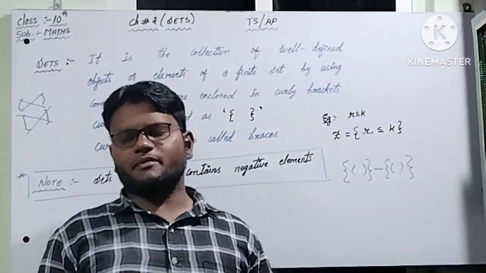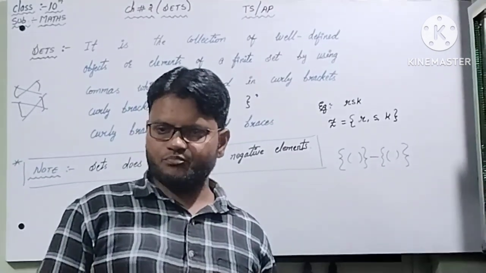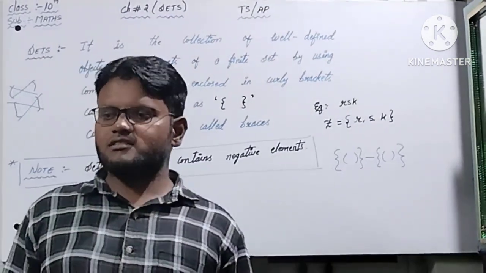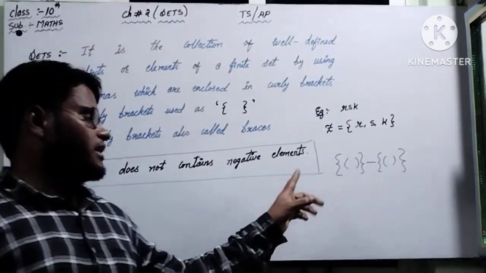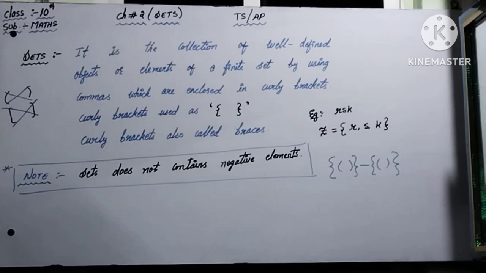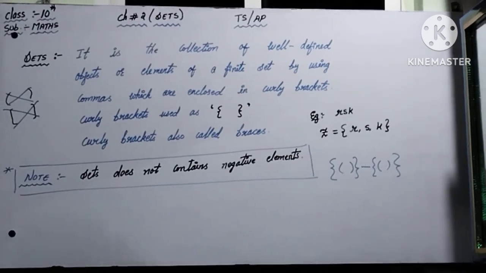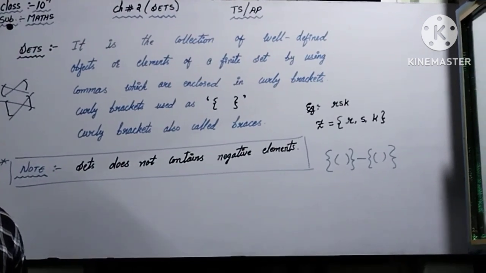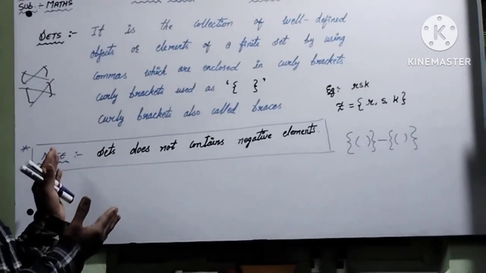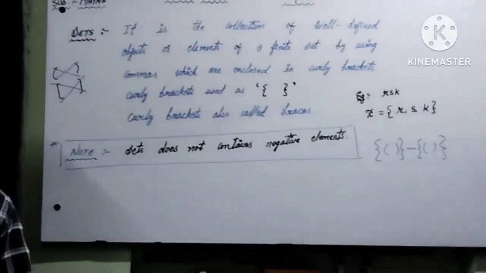So inside the curly brackets you can use curve brackets, but you can't use curve brackets or square brackets directly. Only use curly brackets. That's better. Then afterwards we will see some of the types of sets. If you have any doubts in this definition of sets, you can ask.